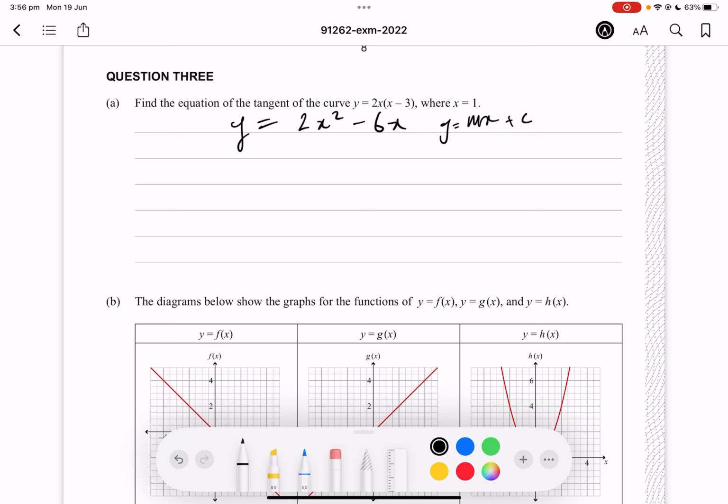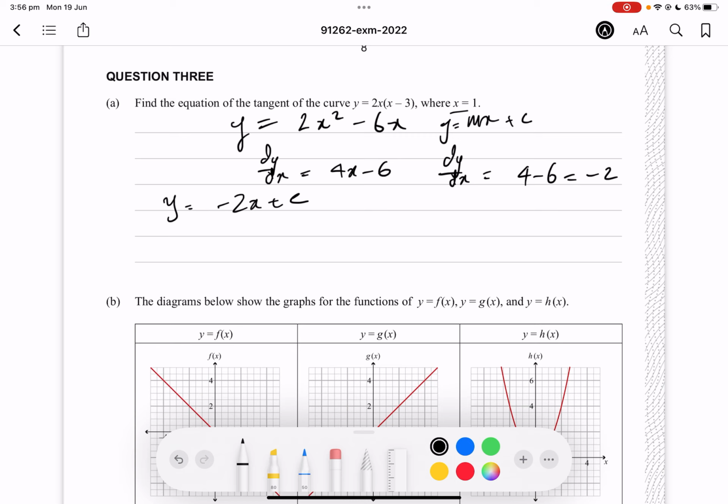And to find the gradient, we already know what to do. We're going to differentiate and substitute the point x equals to 1. So dy on dx is equal to 4x minus 6. So dy over dx equals to 4 minus 6, which is negative 2. So therefore y equals to negative 2x plus c. And we need to find one point in order to find the c value, and we are talking about the point x equals to 1.